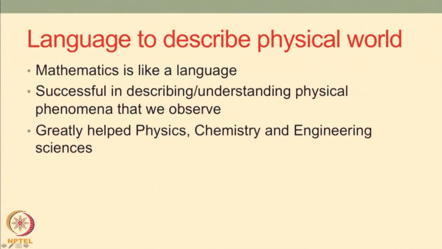There are many other examples where we would observe things around us and we could make precise, accurate statements. Mathematics is a tool to do this, and this is one reason why we should use mathematics. And it is important to remember, as we said, that mathematics is successful in describing and understanding the various physical phenomena that we observe.